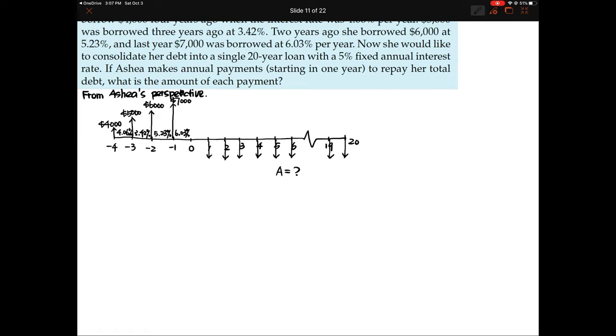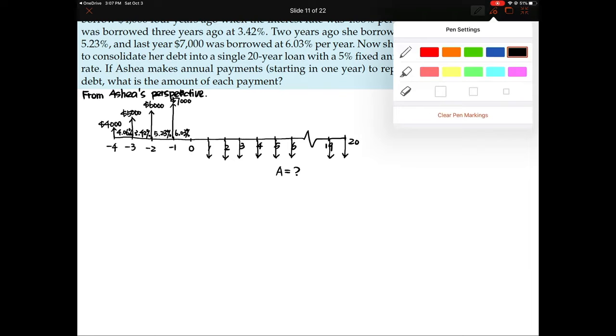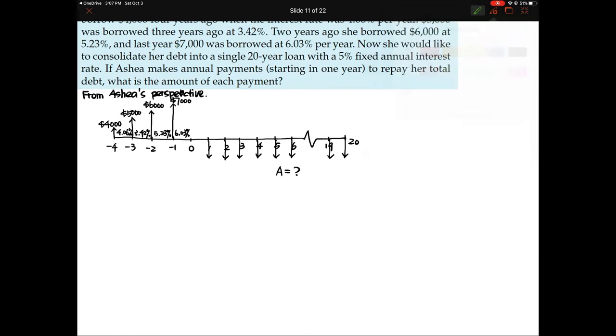How do we calculate the annuity? That's the question. The way we do it is we first convert all these cash flows to the present time, so we calculate something called P0.